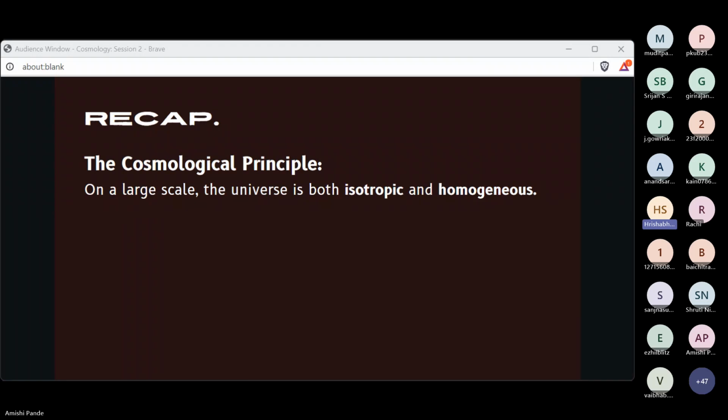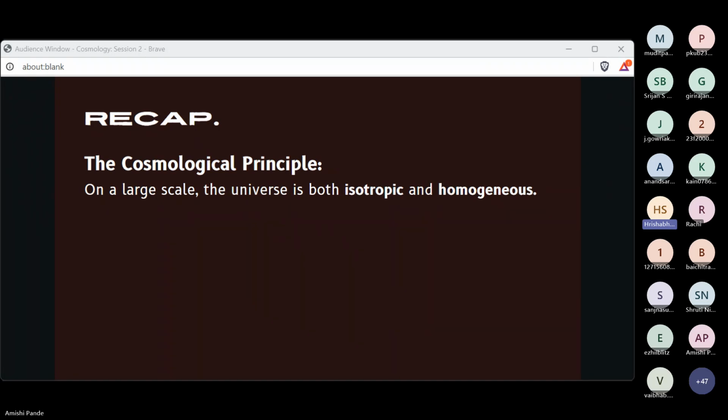Does someone remember what scale we are talking about? As in, at what lengths can we fairly say that the universe is isotropic and homogeneous? Yes, someone has answered 100 megaparsecs. And I'm hoping you remember the definition of isotropy and homogeneity. Now we'll continue.